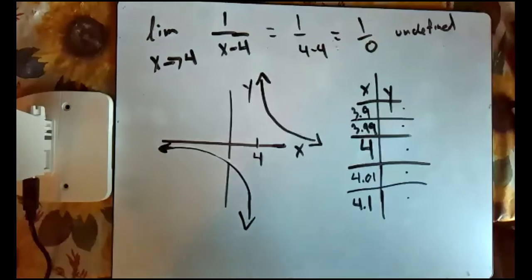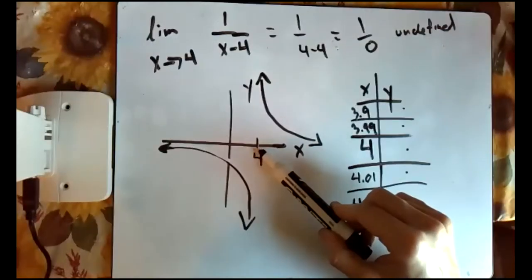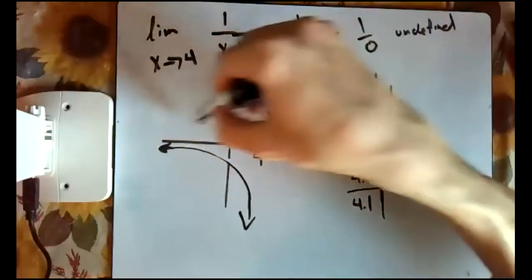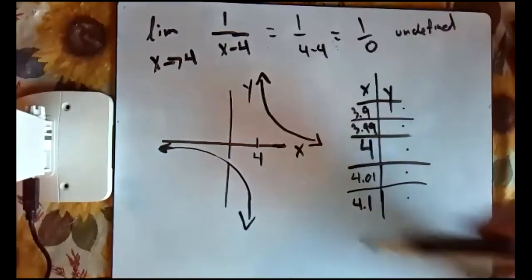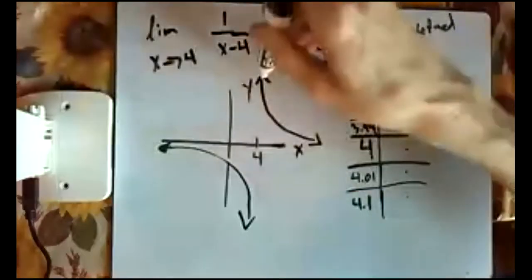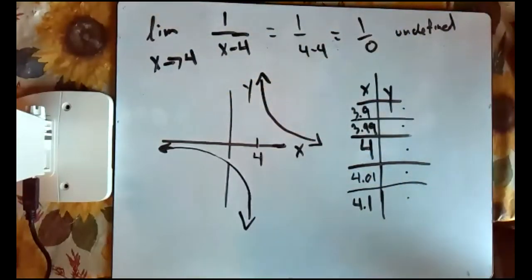But we do have something weird happening, right? The line's not continuous at x equals 4. Continuous means you can basically draw your whole entire graph without lifting up your pen from the paper or marker from the board. That was impossible for me to do, right? I had to draw this and lift my marker up to go up here and continue to sketch. So that's not continuous right there.